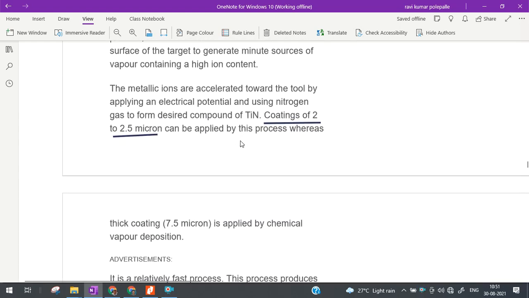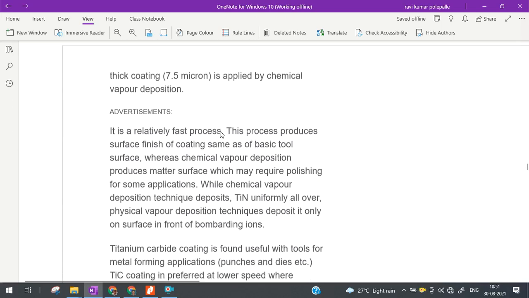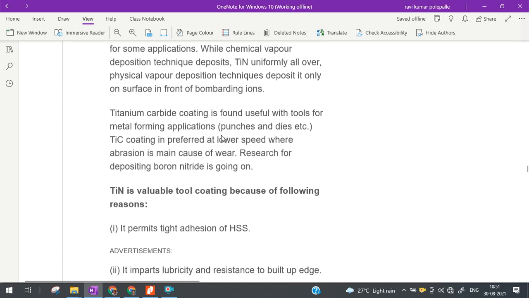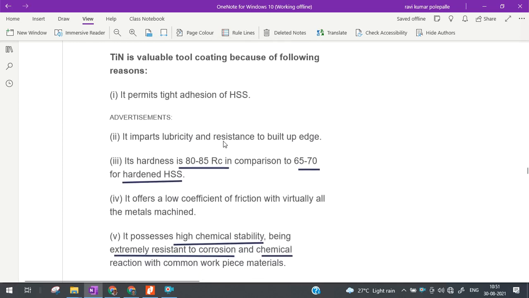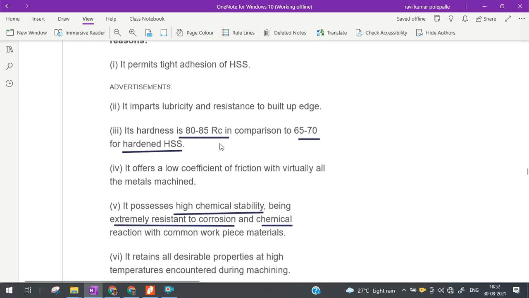So coatings of very small thickness, as much as some 2 to 2.5 microns, are possible, right? And the process is also relatively fast, right? So with the provision of this titanium nitride, for example, we find that there is a tight adhesion to the HSS, so it is going to provide good lubrication, or very little surface roughness.